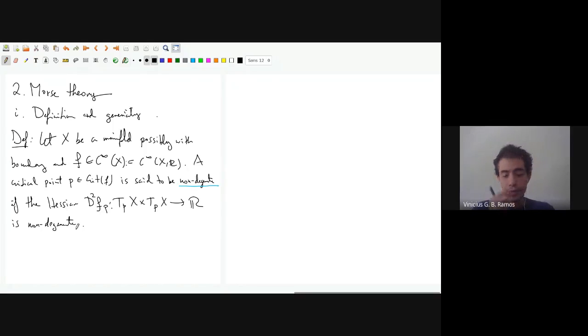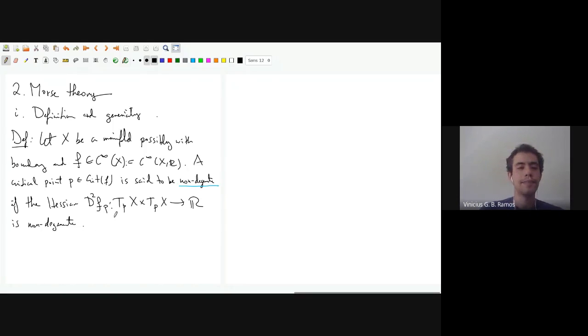There are a few different ways, but you can take the first derivative, take the linearization of the map, and then take the derivative of that map and project it to T_P X star or something. But the most direct way is just defining it by a matrix.